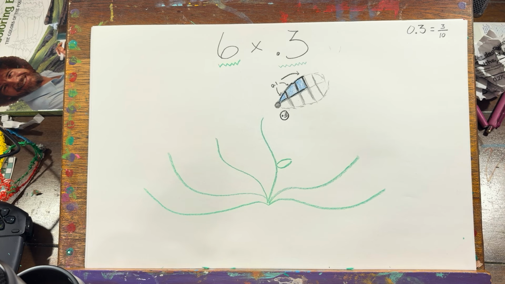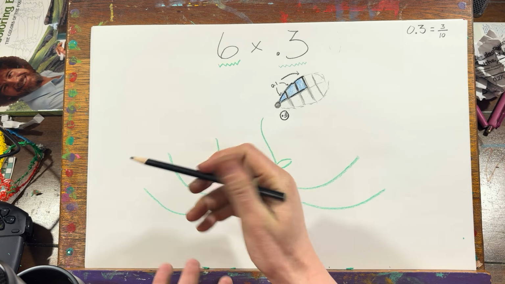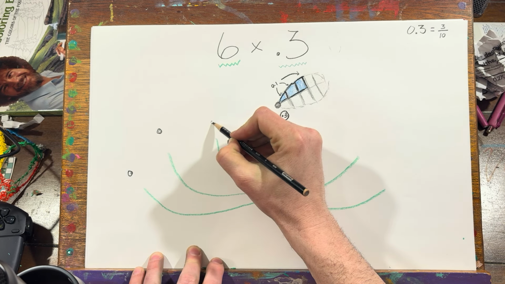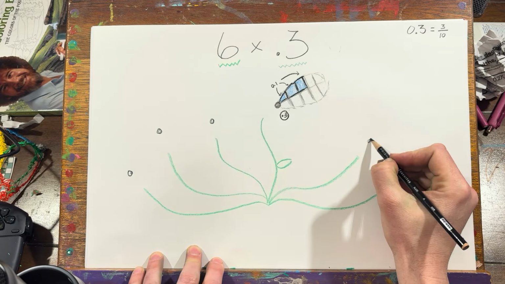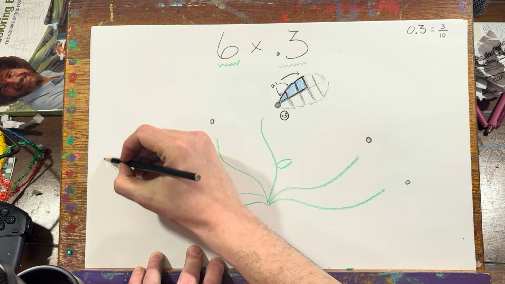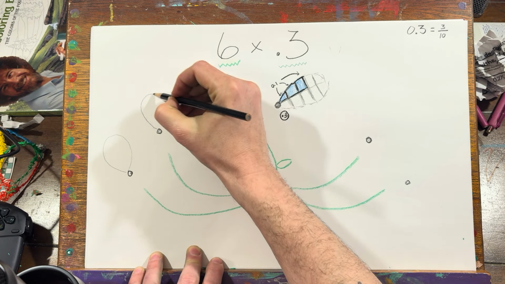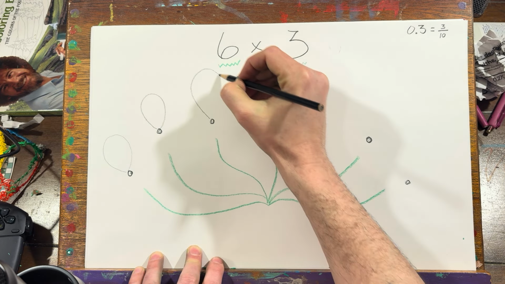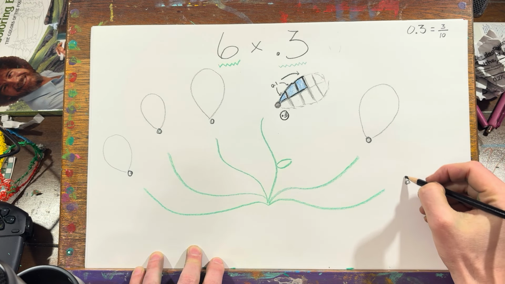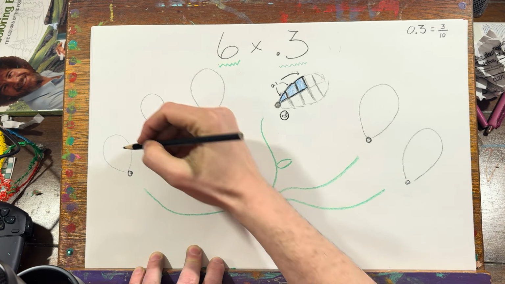I'm going to draw my imaginary petal on each of them. Gotta draw the stamen. Mustn't forget. Okay, so here's 1. Here's 1. 1. We have that one there. Here's 1. Here's 1. Okay.